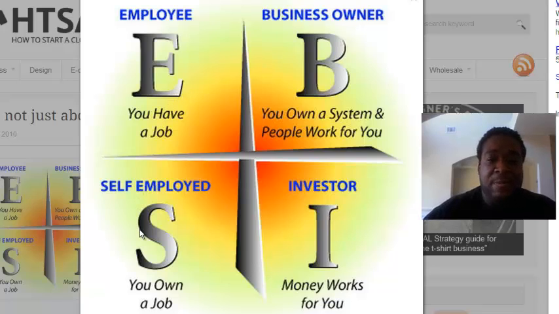Also on the left side of the bottom, you have the S quadrant, which stands for the self-employed person. That's the person that has decided to go into business for themselves, but in order for the business to actually operate, they have to be there pretty much 24/7. And if they don't show up, they don't get a paycheck. That's like a mom and pop store where they always have to be there, or a person who owns an attorney's office or a doctor's office that doesn't have a system in place.